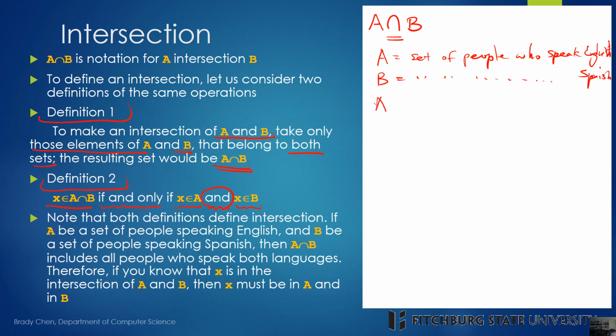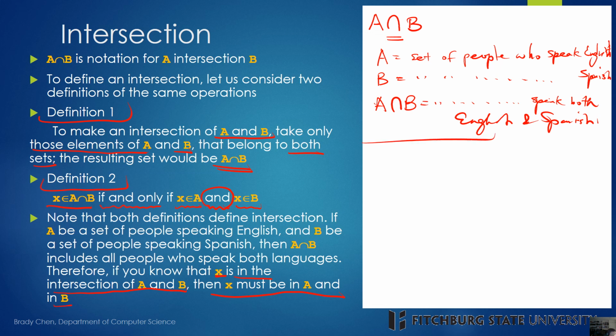Okay, now what is A intersection B? So that's the set of people who speak both English and Spanish, right? So therefore, if you know that X is in the intersection of A and B, then X must be in A and B.